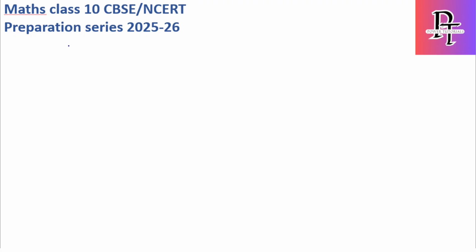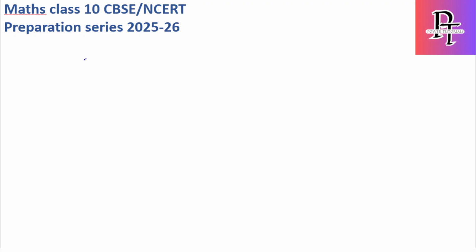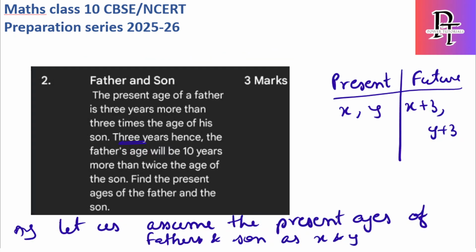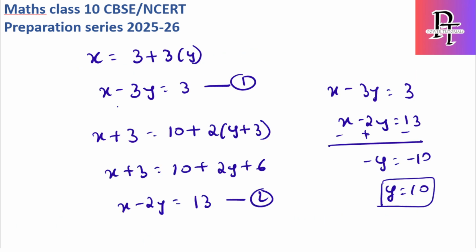So y is nothing but the son's age. Therefore, son's age is equal to 10 years. What about, they ask for both? Find the present age of father and son. Okay, we need to find for father as well. So which equation is better? I will use the first one because the numbers are small when compared to the other.